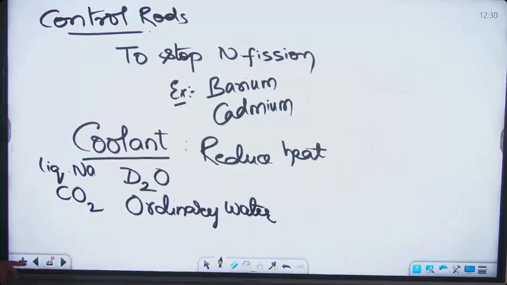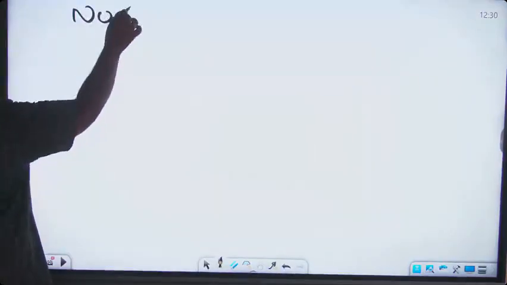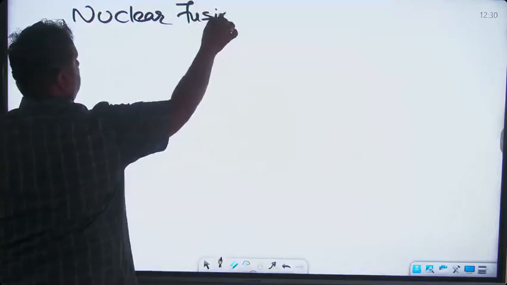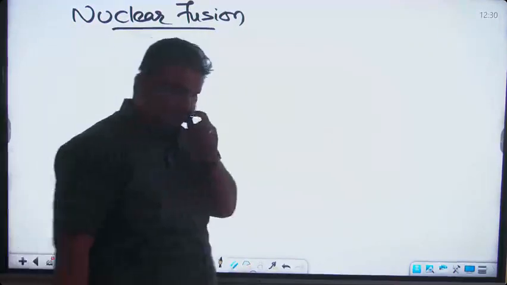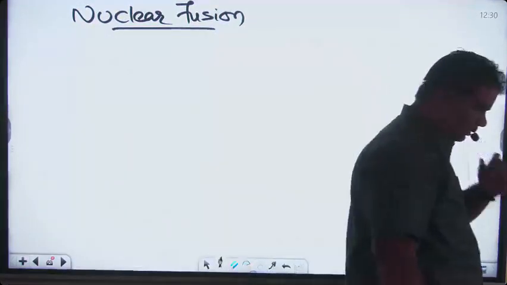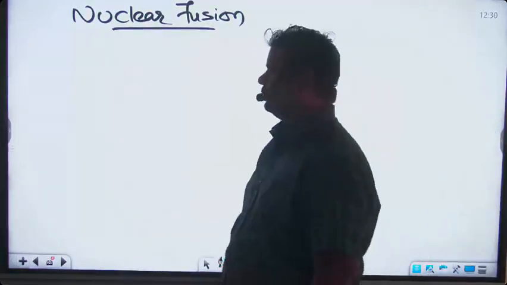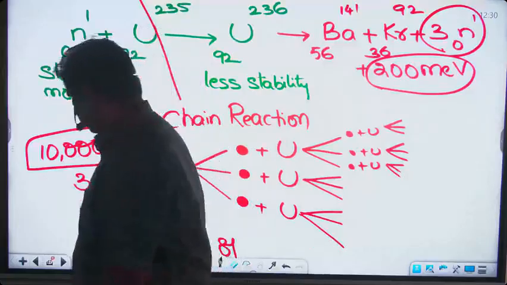Then after this, nuclear fusion. In fission, a heavy nucleus splits into lighter particles, as we said.